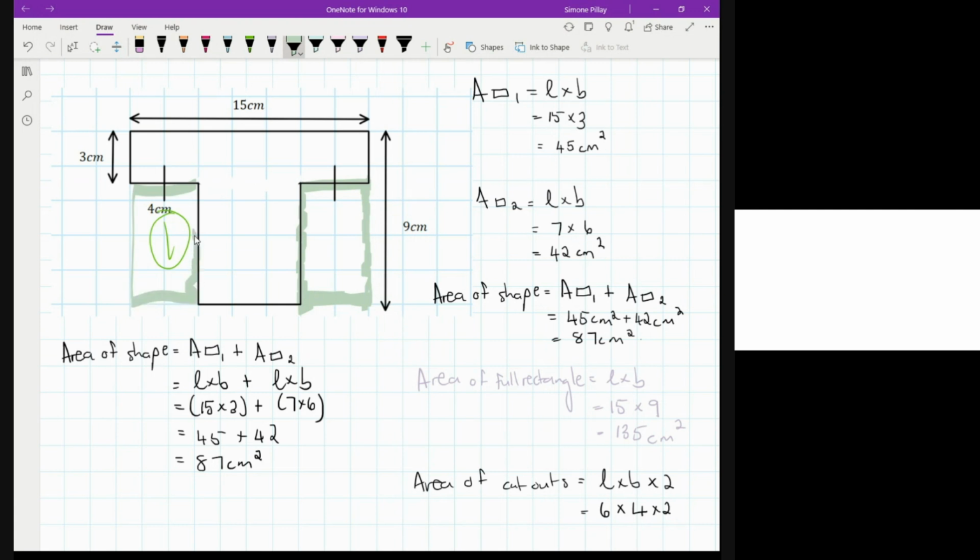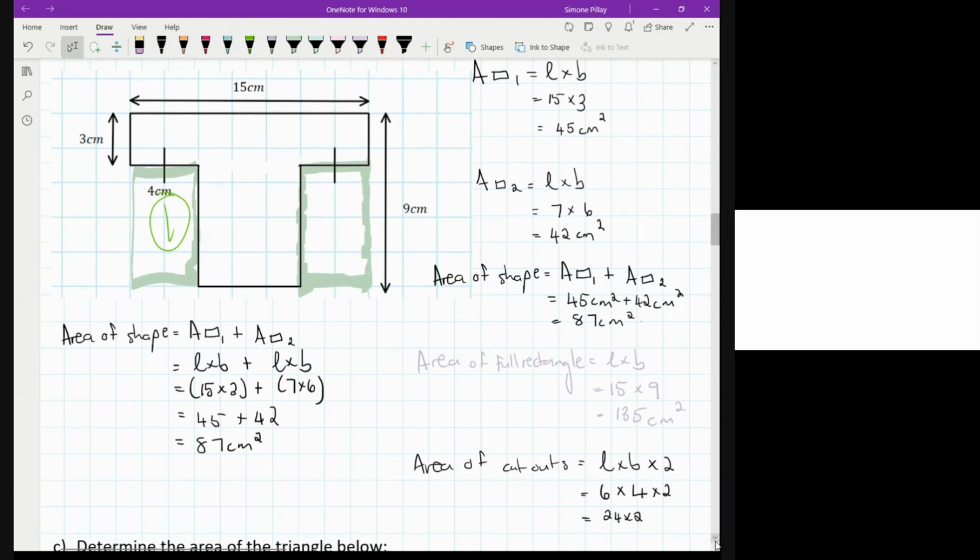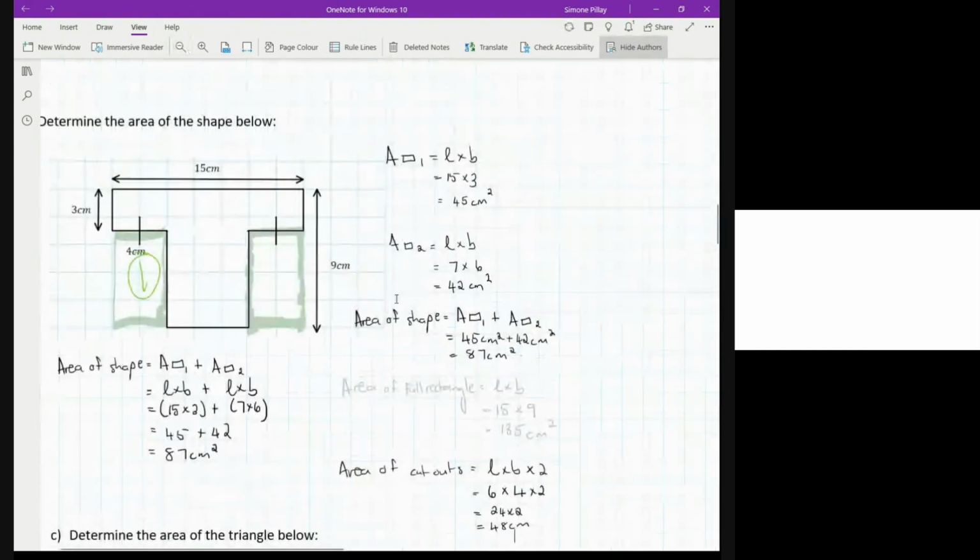That is why I used 4 and the 6, because those were the measurements applicable to those little rectangles. 6 times 4 is 24 times 2, which is 48. There you go. You guys are in the chat with the answers. Thank you very much. And then my final step.